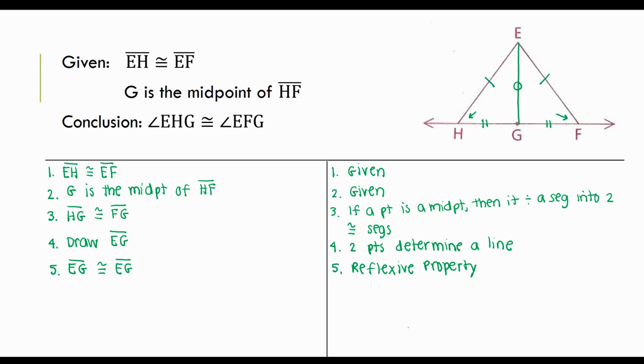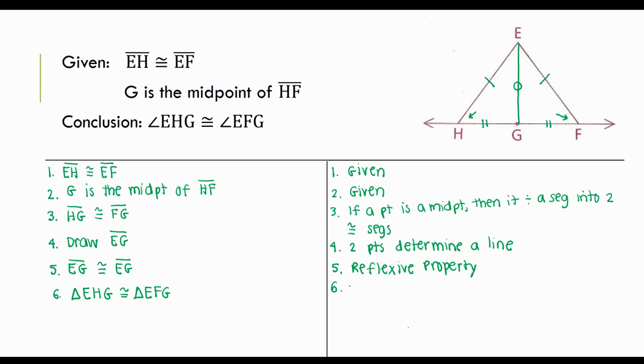Now I have two triangles with three markings that all fit nicely, so we can say that we have congruent triangles. So triangle EHG is congruent to triangle EFG.